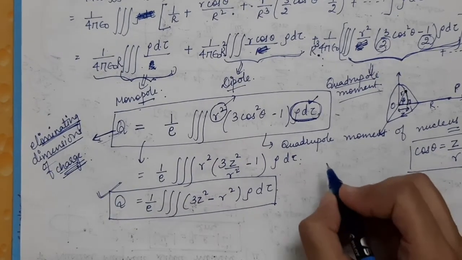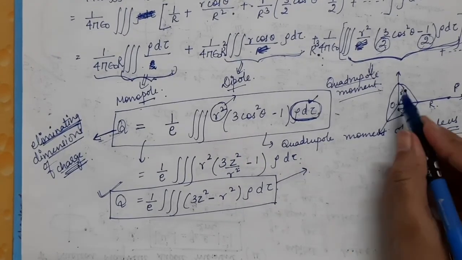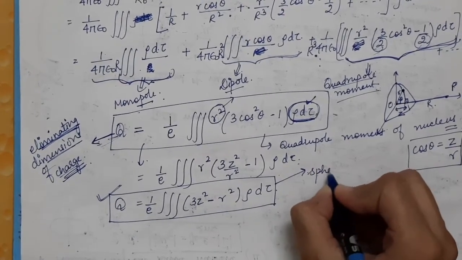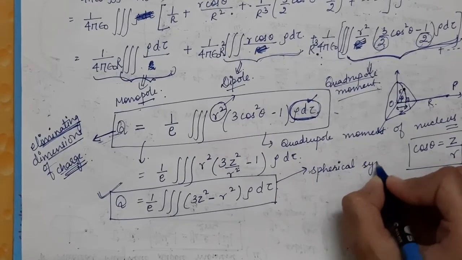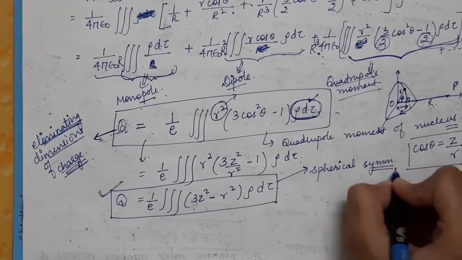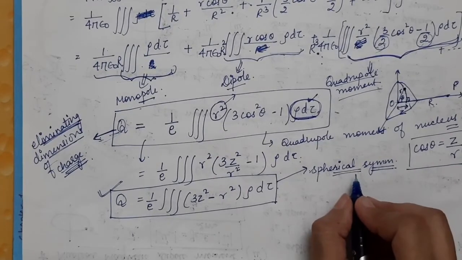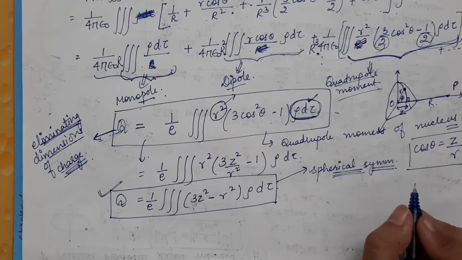Now, if the charge distribution which we took over here is spherically symmetric, so in that case it is a spherical body, that is, the nucleus is exactly spherical in shape.